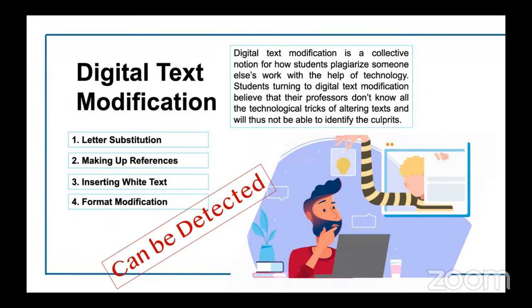While they might seem different, text modifications are still a form of plagiarism. Just in September 2019, Unicheck detected 7% text modification. So text modification is also one form of plagiarized work.